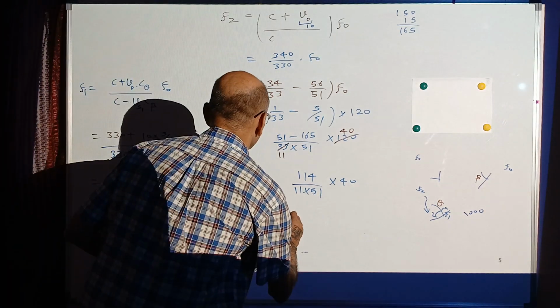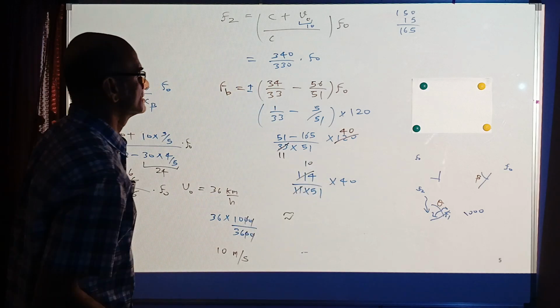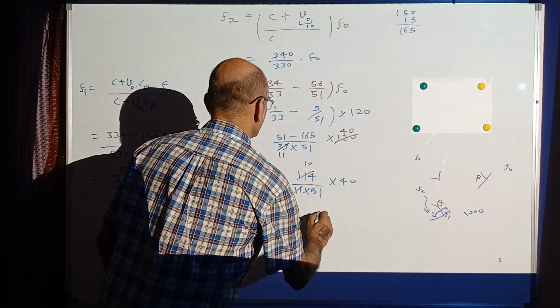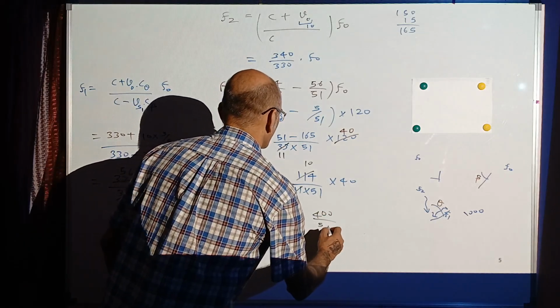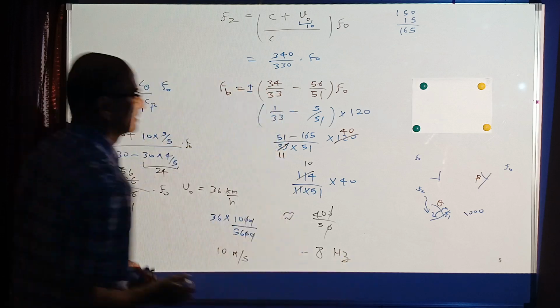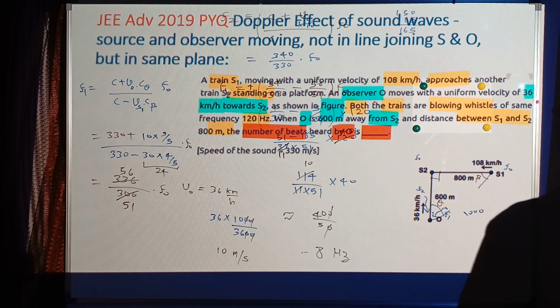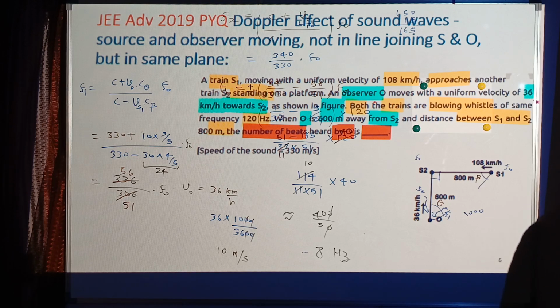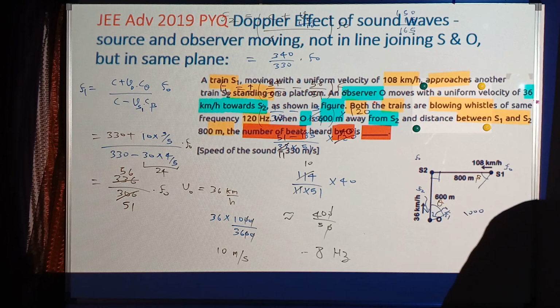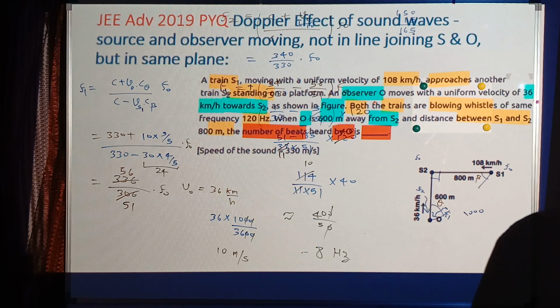If I do an approximation, say this is 10 times, it will be approximately 400 by 50, so approximately 8 hertz. So the number of beats heard by O is, they have not mentioned what type of question. The exact answer is 8.13. So if you want to do the exact calculation, you can do it.